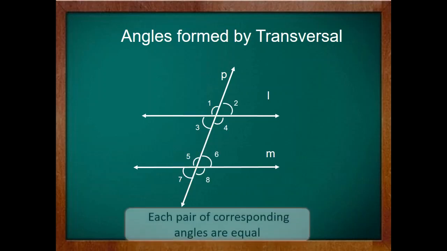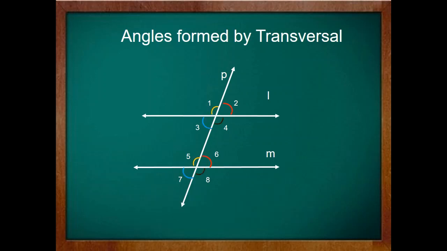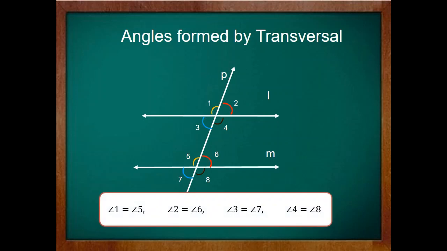An important property to remember about corresponding angles is that each pair of corresponding angles are equal to each other. This means angle 1 is equal to angle 5, angle 2 is equal to angle 6, angle 3 is equal to angle 7, and angle 4 is equal to angle 8.